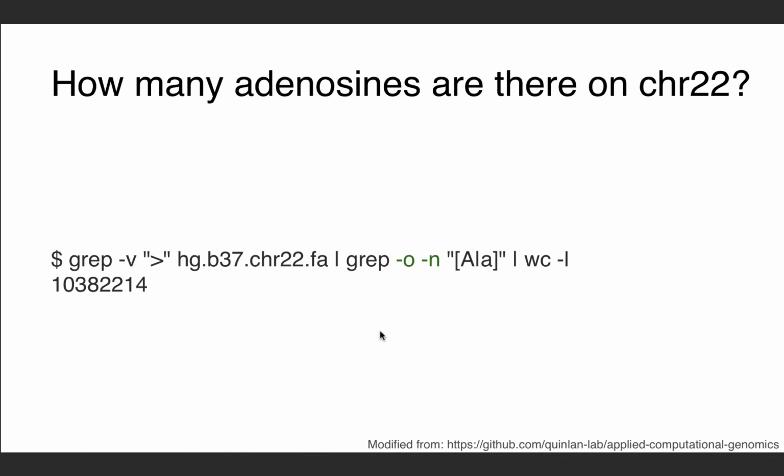All right, so getting back to our original question, how many adenosines are there on chromosome 2? Well, we have all the information we need to answer that now. We can pull down all of the big A's and the little a's and do a word count with them. Okay, so let's try that. Okay, and then we're going to grep for our big A and our little a.